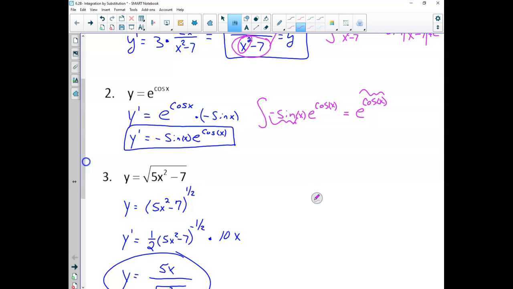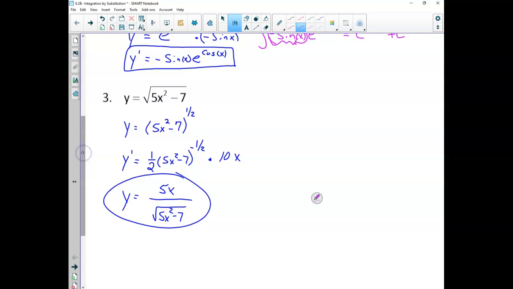So when I'm anti-differentiating, it's getting absorbed back into the inner portion of the function. And because it's an indefinite integral with no limits, I need my plus c on it. These are all starting easy. I really need to look at the integral of 5x over the square root of 5x squared plus, I think it's 7. Minus 7, sorry.